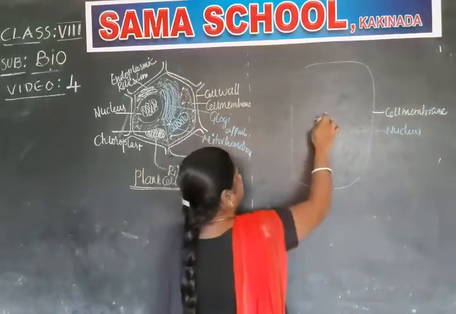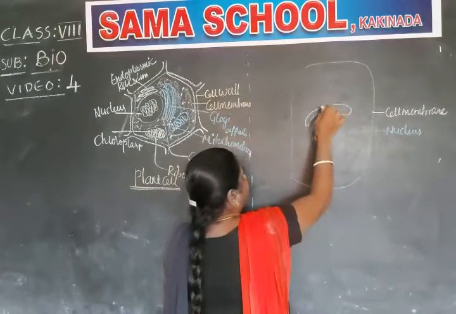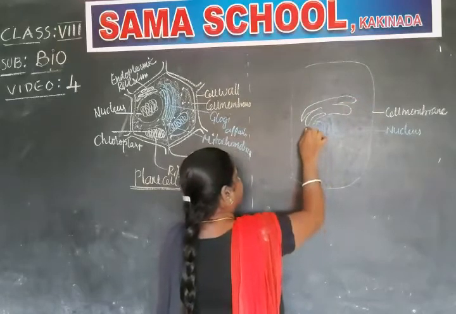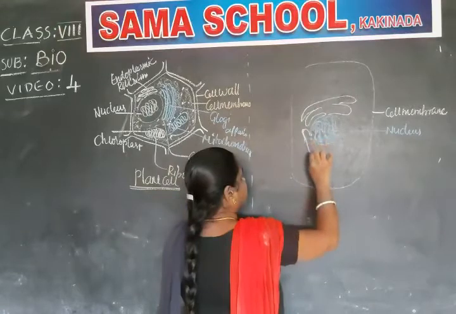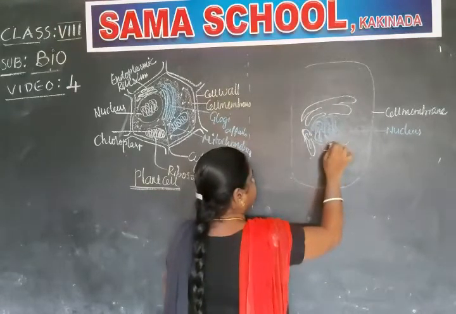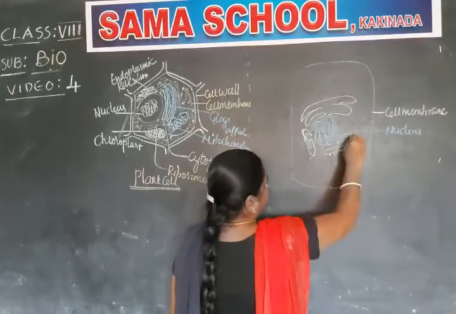Then this is called endoplasmic reticulum. Over that we are having ribosomes.